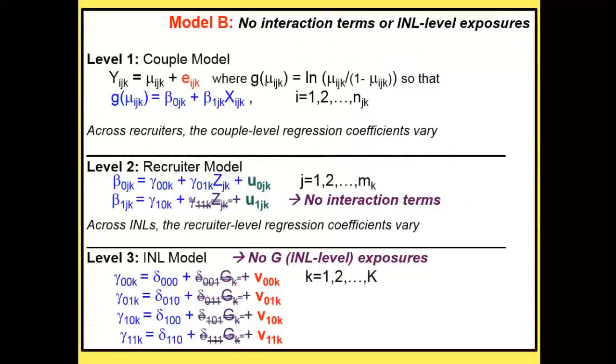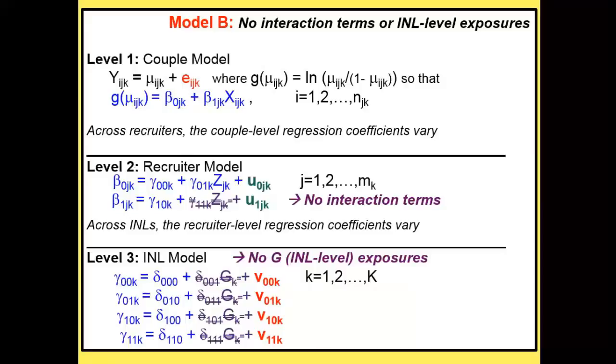So here's a second model. This is model B. What's the difference between model B and model A? Well, model B got rid of this variable for the slope in the second model and got rid of the G variables, all the INL variables. It didn't use any of the INL predictors as variables in the model.